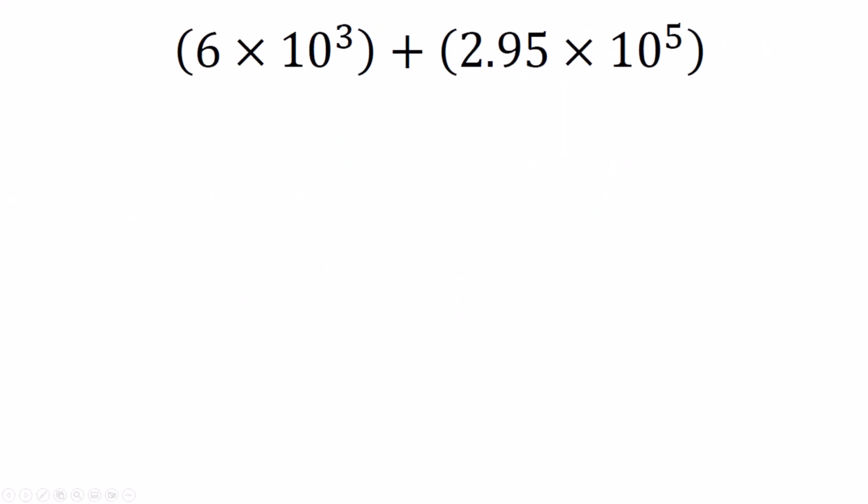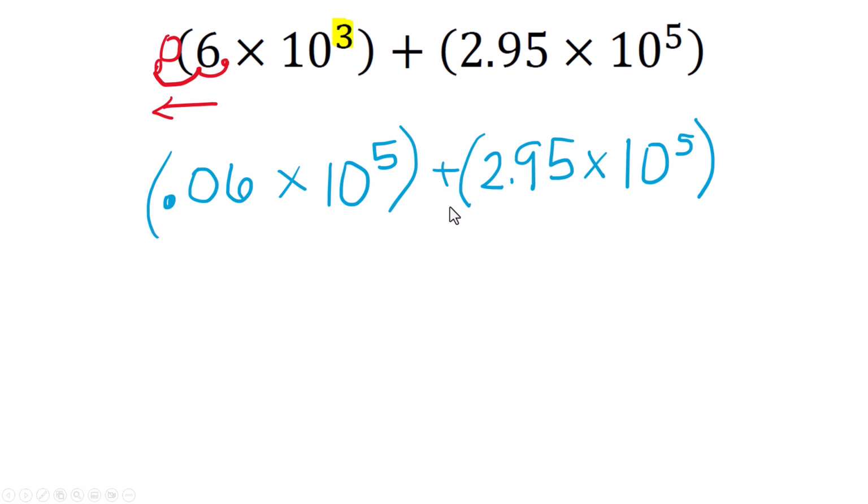Let's do another one. The smaller of these two exponents, this is 10 to the 3rd and this is 10 to the 5th, so this is the one I'm going to change, and I am going to bump that one up 2, which means I need to move this decimal back 2. So my new number will be 0.06 times 10 to the 5th plus, and then I just recopied the other one.